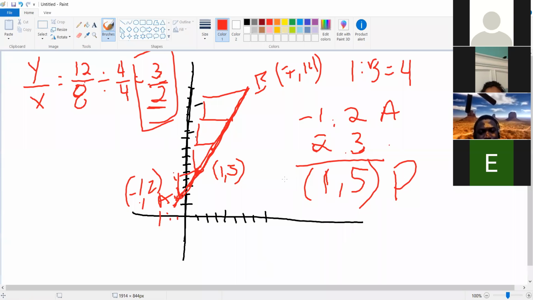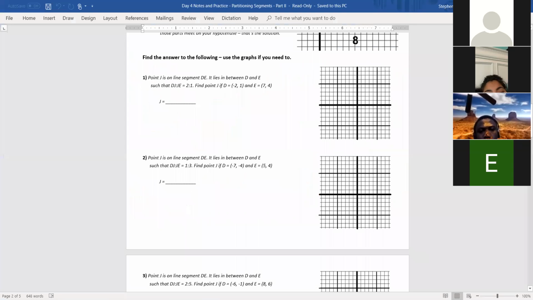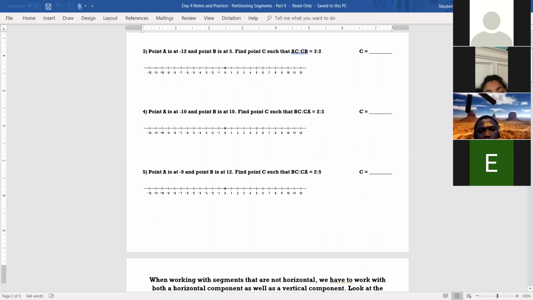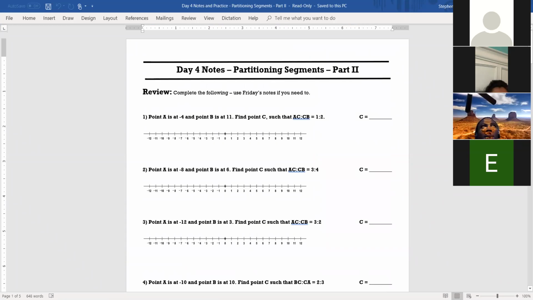Let's go and do a couple of other problems that I got from another teacher to make sure that we understand partitioning even further. Because y'all did pretty well on the line segment. I mean, the graph, writing equations, that was pretty easy for y'all. So let's look at this right here.